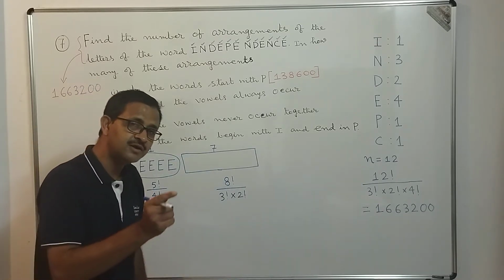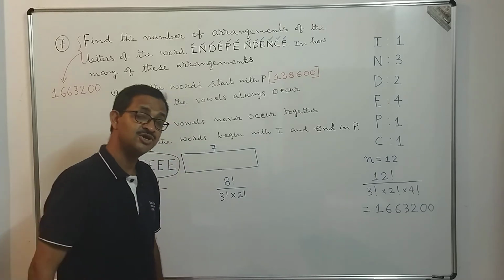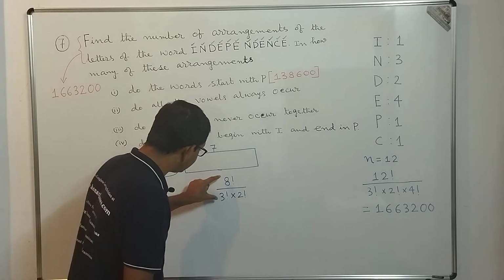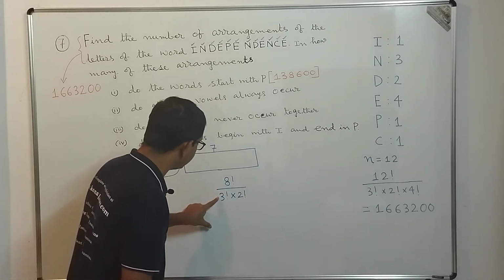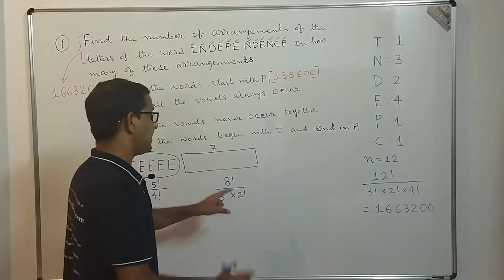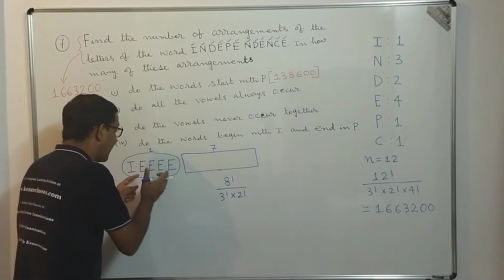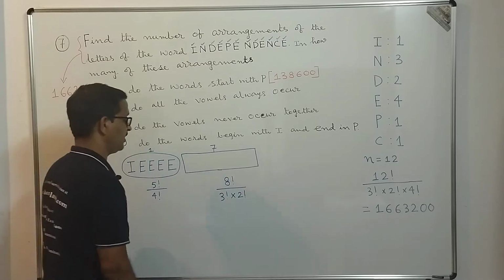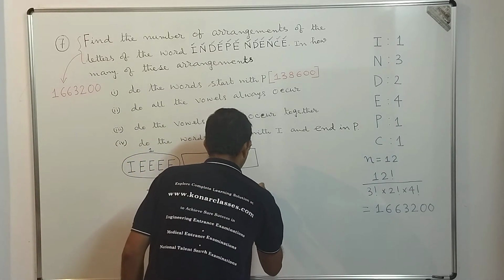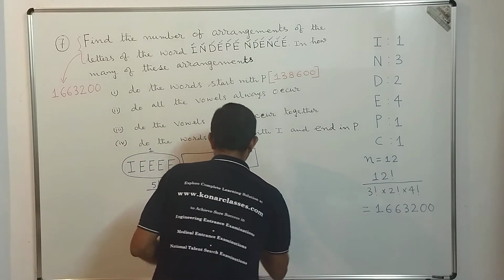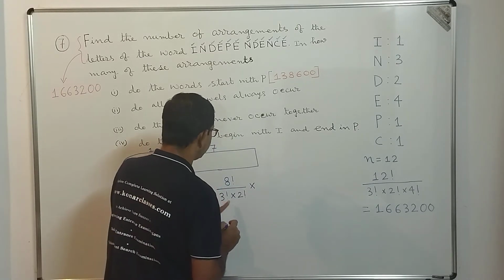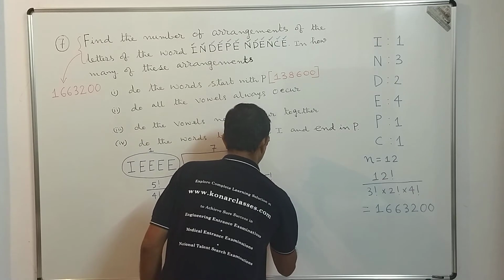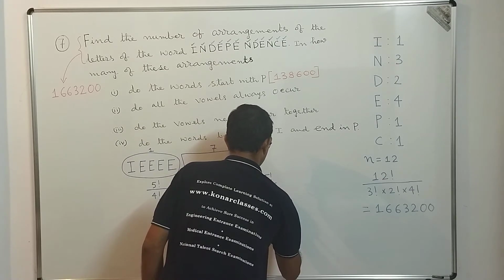Now here comes the principle of multiplication, the fundamental principle of counting: for each of these 8 factorial by 3 factorial into 2 factorial ways, the vowels can be arranged among themselves in 5 factorial by 4 factorial ways. So the total number of arrangements is 8 factorial by 3 factorial into 2 factorial into 5 factorial divided by 4 factorial, correct?